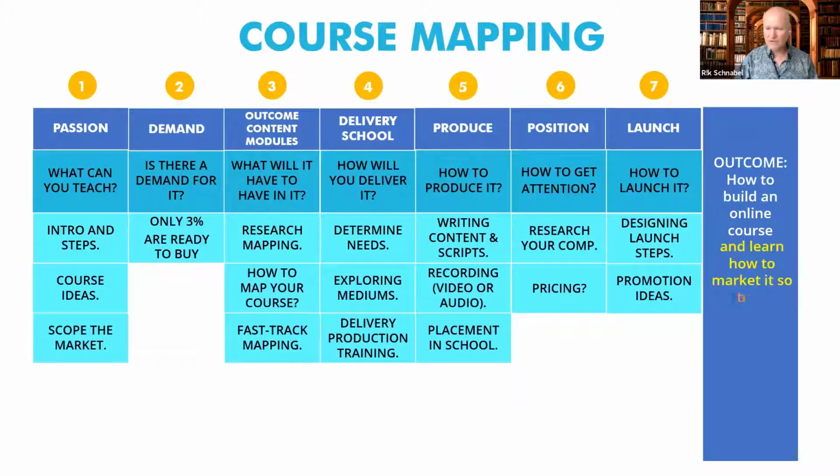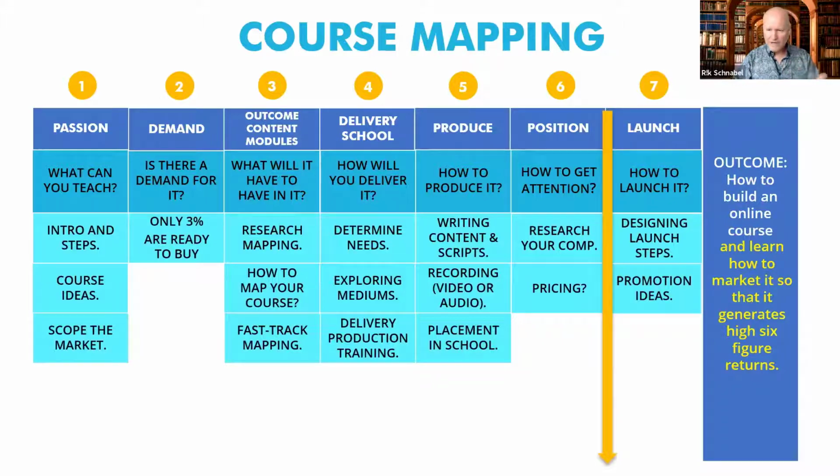And we did. We thought, instead of creating an outcome which was how to build online courses, we also realized that a big piece and a very important piece was learn how to market it so that it generates high 6-figure returns, if not even 7-figure returns. So from that perspective, it changed the game.